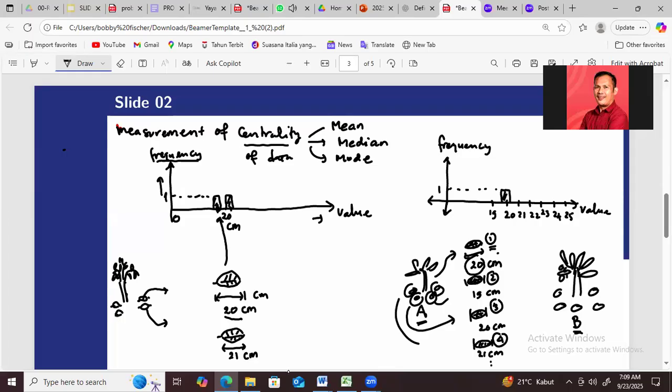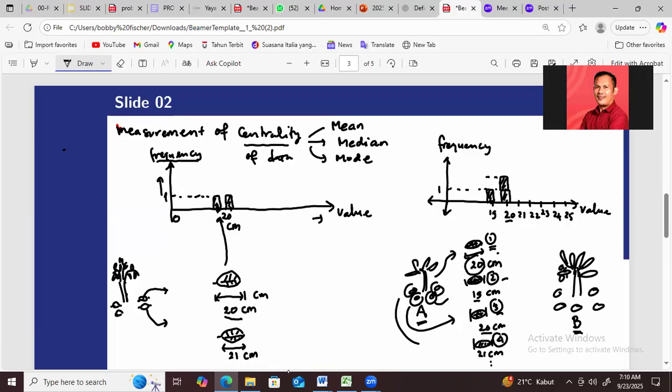And then you take the second leaf, this one here, 19 centimeter, this one here. And then the third leaf, as you see here, 20 centimeter. So here again, 20, already one, and then this occurs a second time. This is another one.